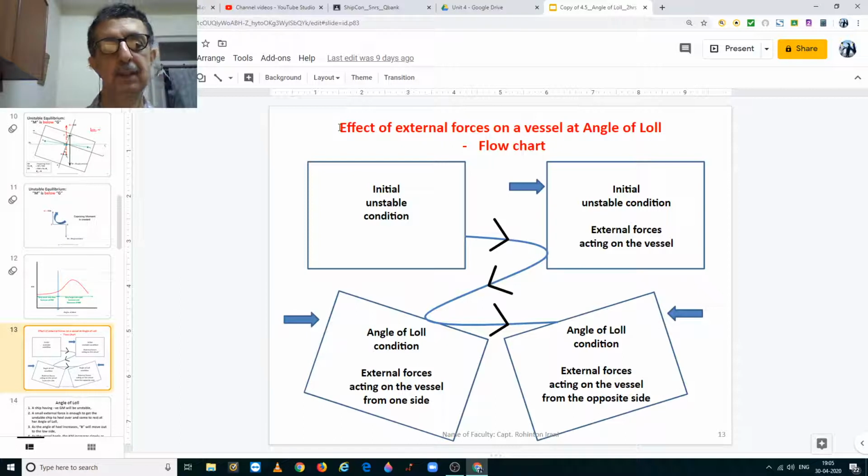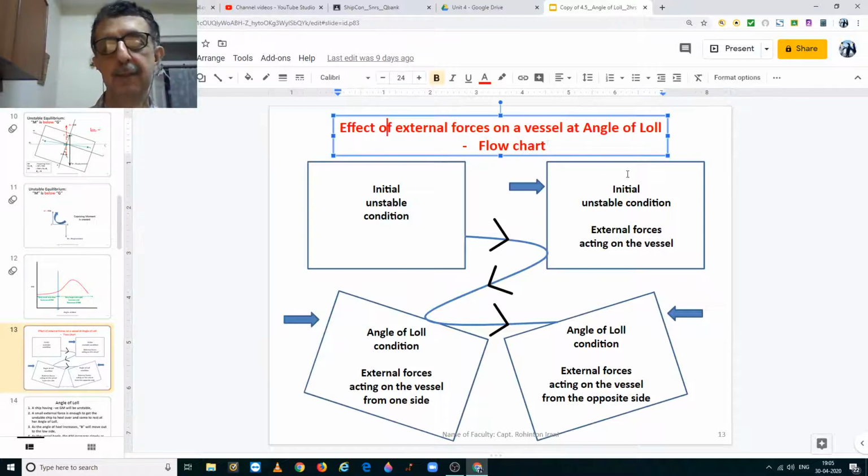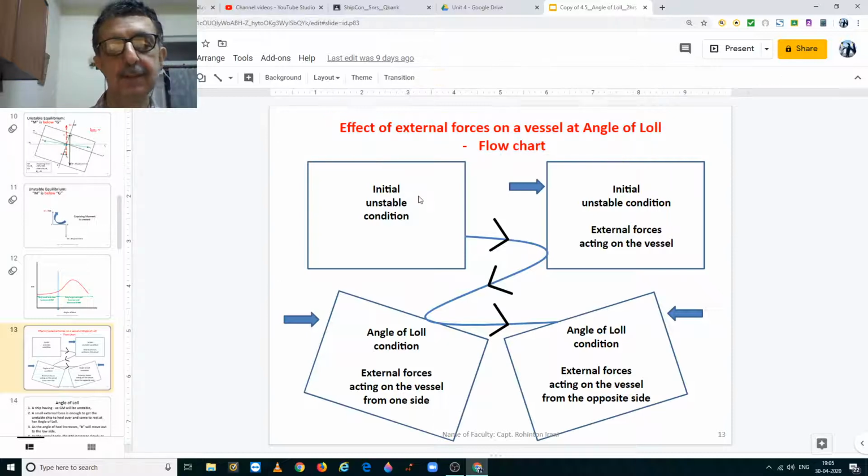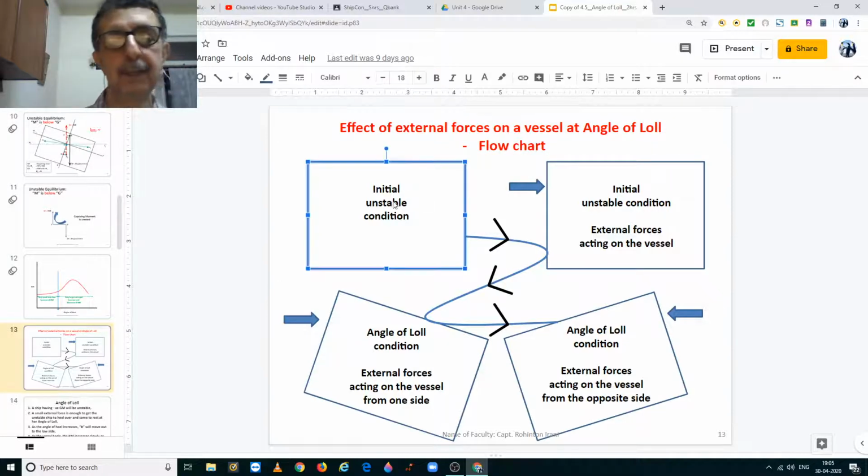We see the flow chart of the development of angle of Loll condition. So in the first instance, we have an initial unstable condition. When she is unstable and without any external force, she will continue to be in an upright condition.